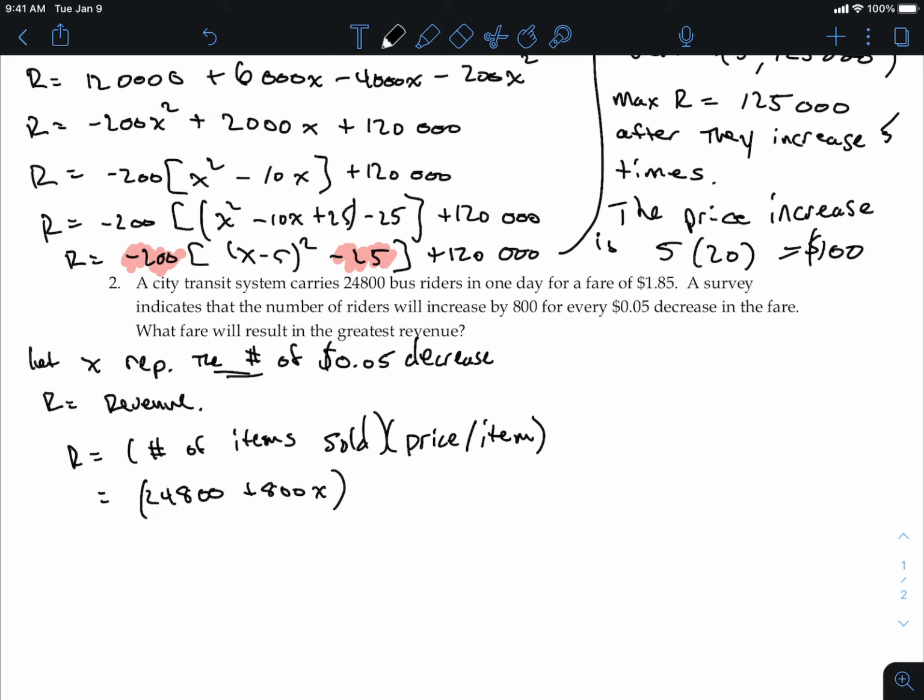Then from there, we look at the price. Well, we started at $1.85, and we're going to decrease the price by 0.05x. Okay?